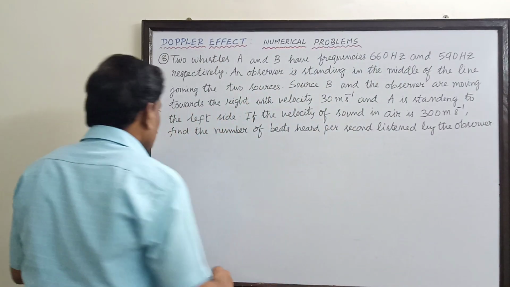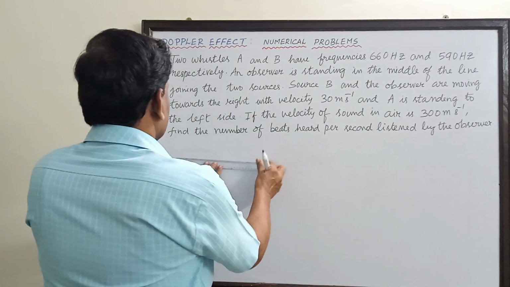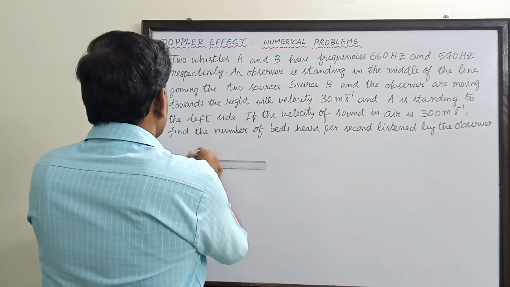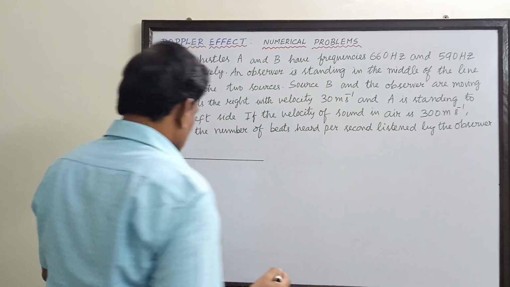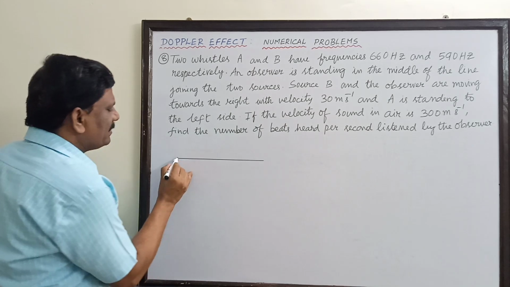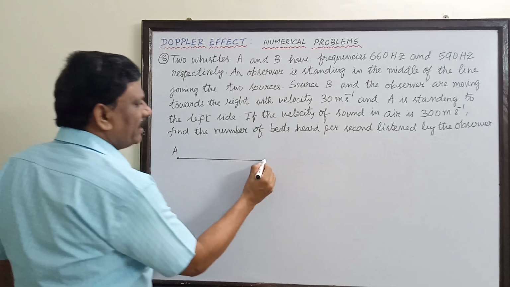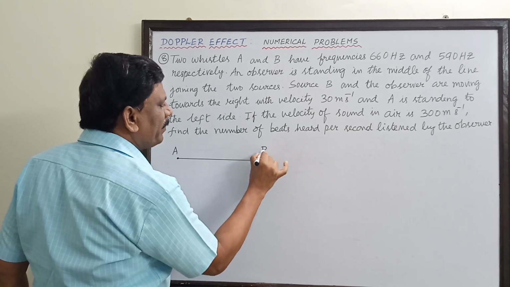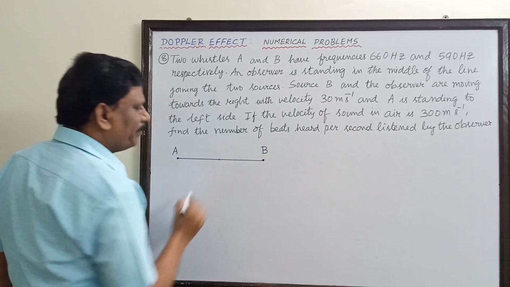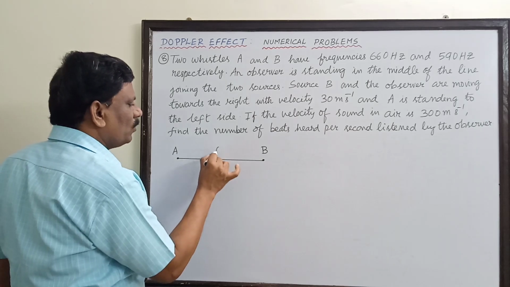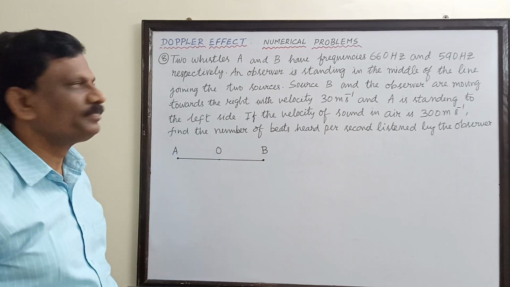Okay, now let us take this line along which there are two sources of whistle. Here is the source A and here is the source B. Exactly at the midpoint is the observer, so O is the observer.